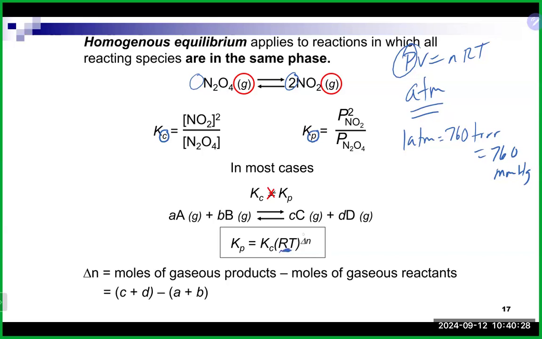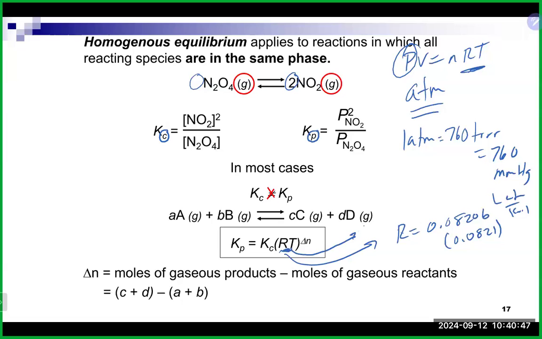These are actually like our gas law. So it is the same R value that you would use in the ideal gas law, 0.08206. Or if you learn the rounded version, a lot of people teach these days, I suppose that one right there. And much like everything else, our T here is in Kelvin.